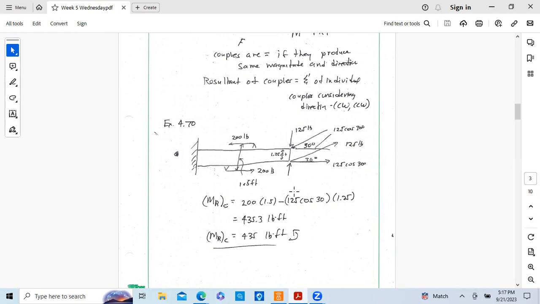So this is minus 125 cosine of 30 times 1.25. And what we end up with is 435.3 pound-feet, and we want to just use 3 places, so it's 435 pound-feet.